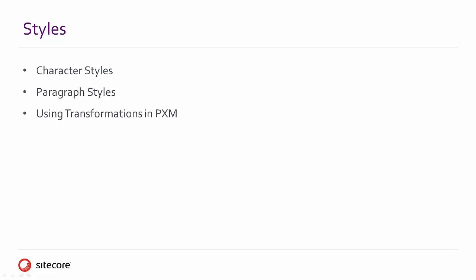And so in brief, a character style is really something like character information that is not applying to an entire paragraph. So it's little accents on characters, bold, italics, those sort of minor transformations that are just on a character by character basis. A paragraph style is a style that's applied to an entire paragraph.